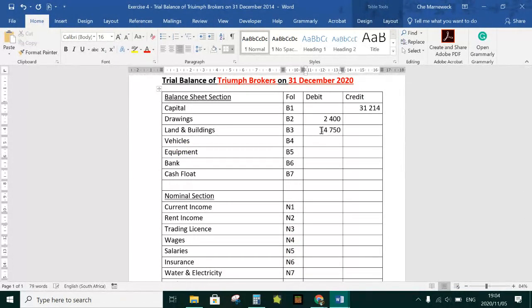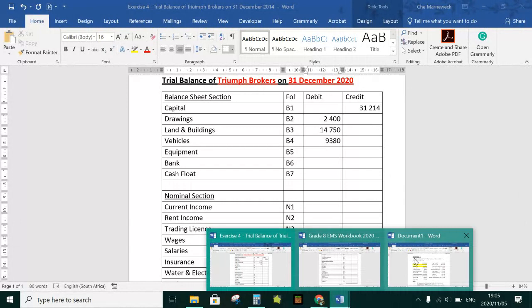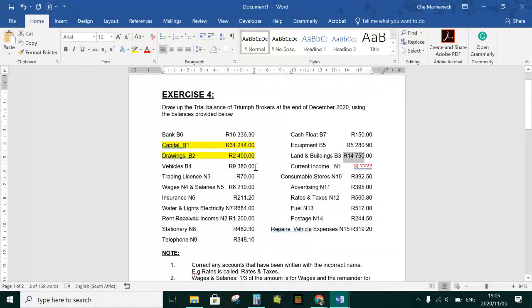We debit vehicles, and vehicles is 9,380.